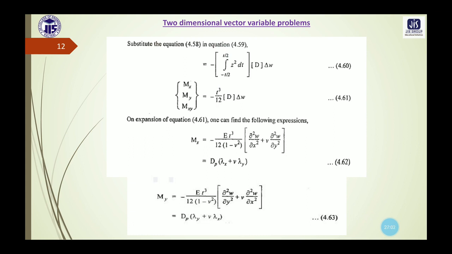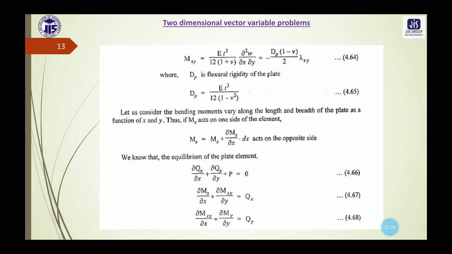So different steps have been skipped here to get equation 4.62 from equation 4.61, and the value of my is also represented here as equation 4.63, that is Dp multiplied by lambda y plus nu lambda x, and the value of mxy is given here in equation 4.64, which is minus Dp into (1 minus nu) by 2 into lambda xy.